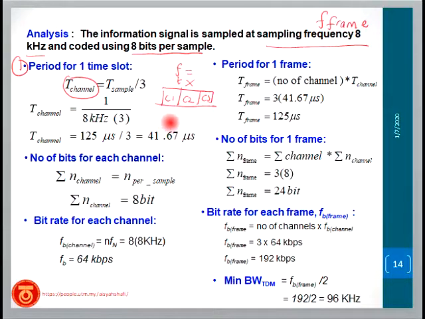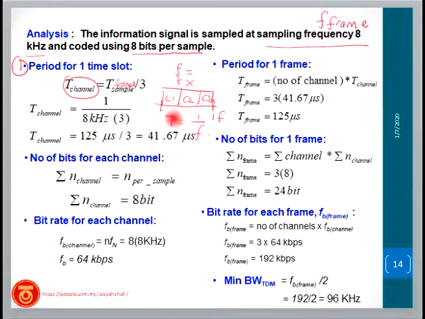So, to get the period, it is 1 over f. For C1, C2, C3, this is one frame. One frame has 3 channels. So the formula for the period for each channel is the period of the frame over 3.